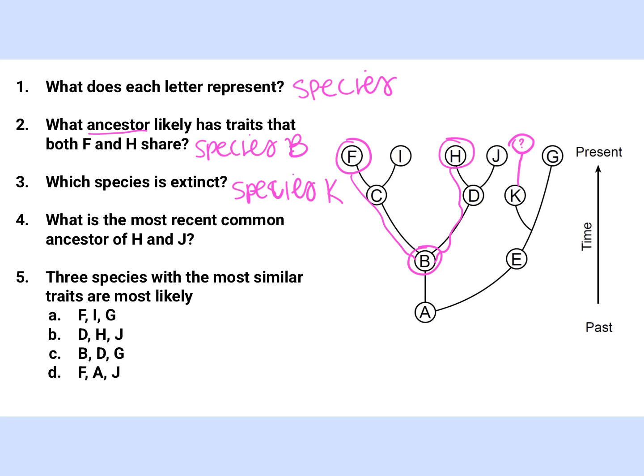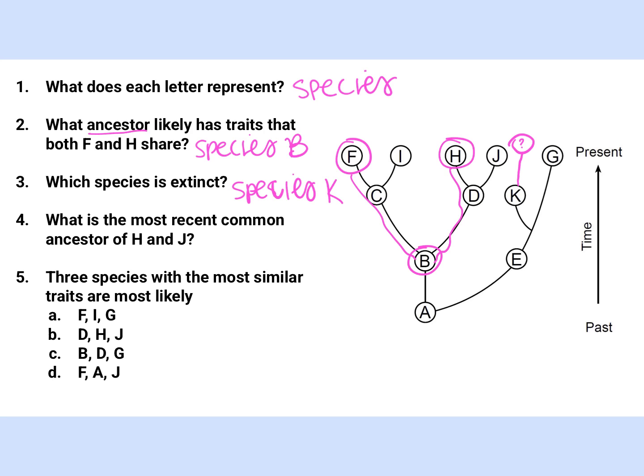Well, if that environmental change happens too quickly, then the species are not able to keep up with that rate of evolution. And so instead of being able to have an adaptation that helps them to survive that gets passed on, they are going to go extinct. So species K does not have any descendants. It is not shown as being in the present, and so it is therefore extinct.